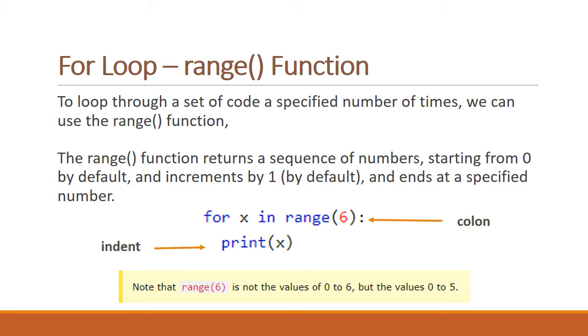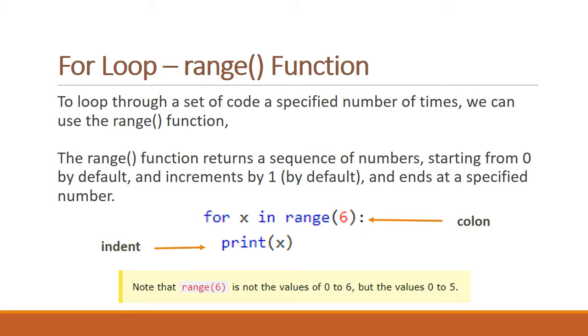To loop through a set of code a specified number of times, we use the range function. The range function returns a sequence of numbers starting from 0 by default and incrementing by 1 by default, and ends at the specified number. So for example, we have the for loop for X in range 6.